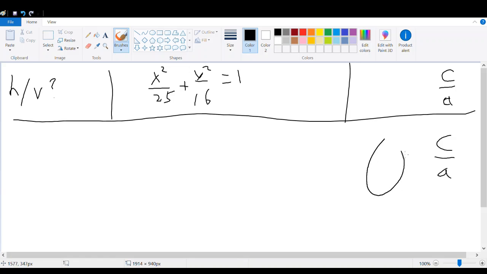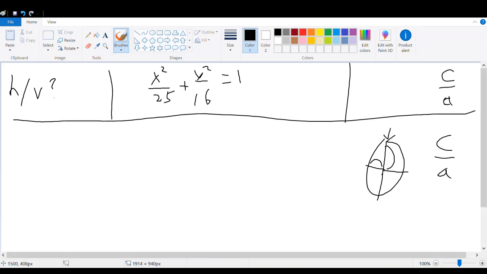And if we look at an ellipse, we can't really see the focus if we just look at this ellipse. Like, we can see A is right here, this distance. We can see this distance is B. We can see that, but we can't see the distance C. We need a point that's focus, or we need the equation where we can find the focus.